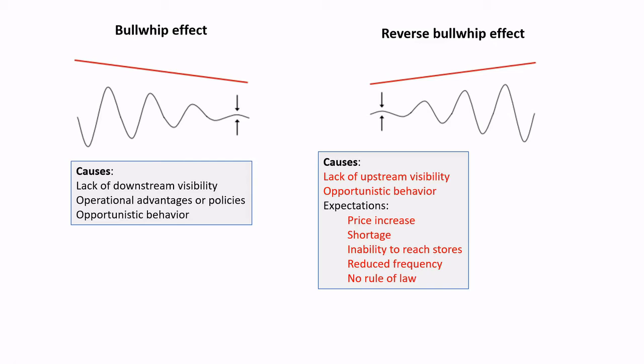Also, some entity, maybe a retailer, part of the supply chain, may want to behave opportunistically. For example, try to accumulate stock in its chain in order to generate a feeling of shortage, and then increase prices to sell products. Is it good? No, it is not, but it happens.